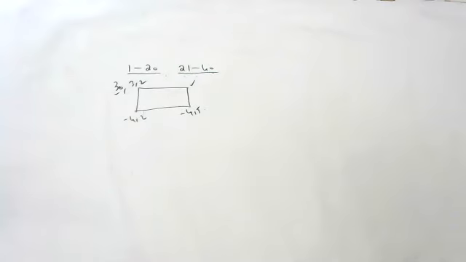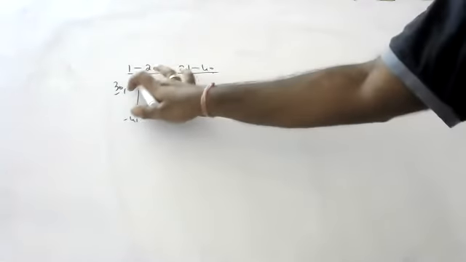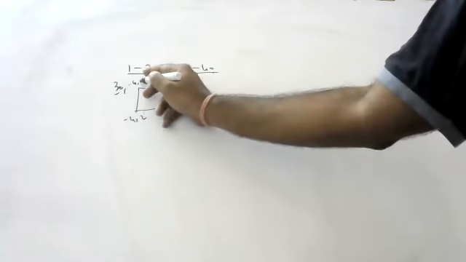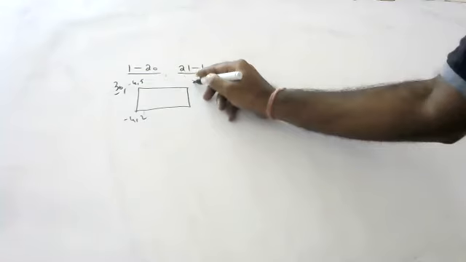Anyway, I am just saying, children, this is also minus 4, this is also minus 4. From minus 4, they have got minus 4 comma 5 and the other one.